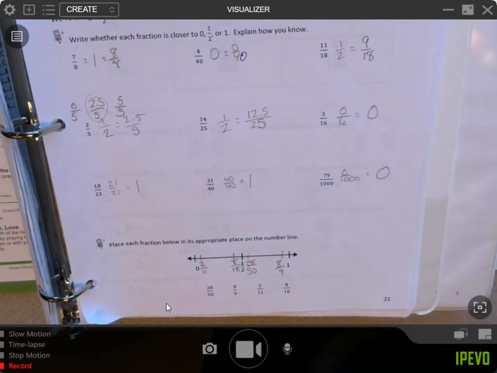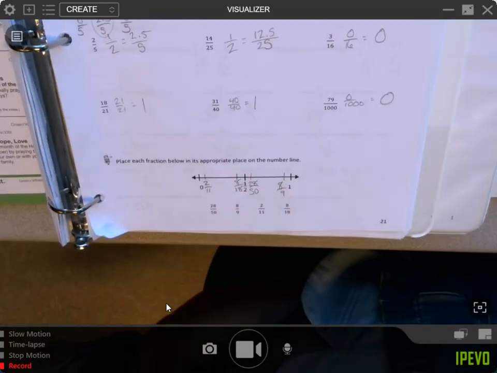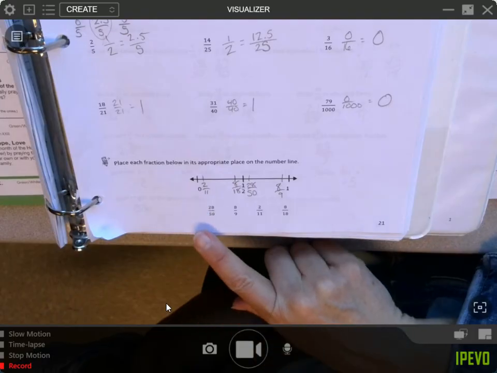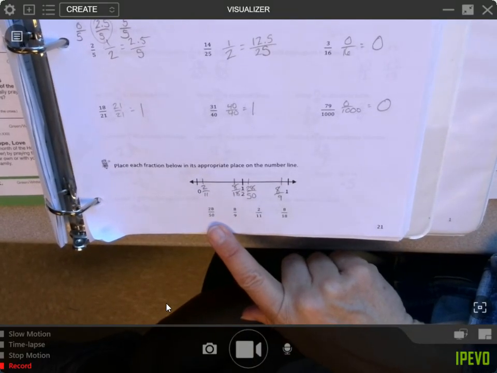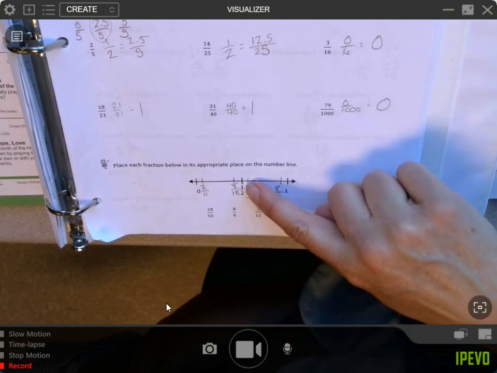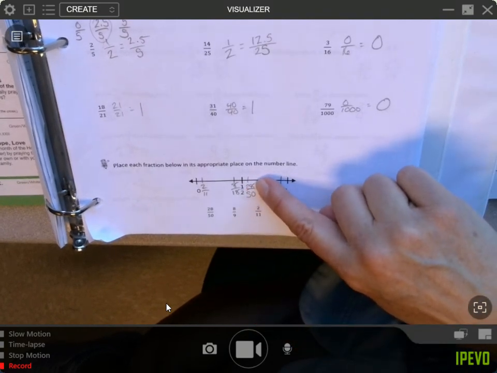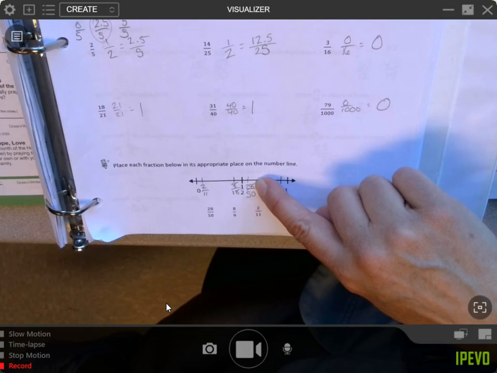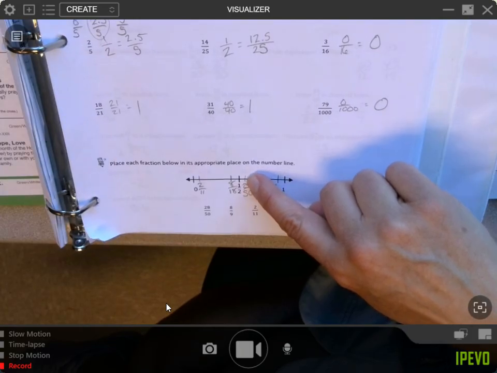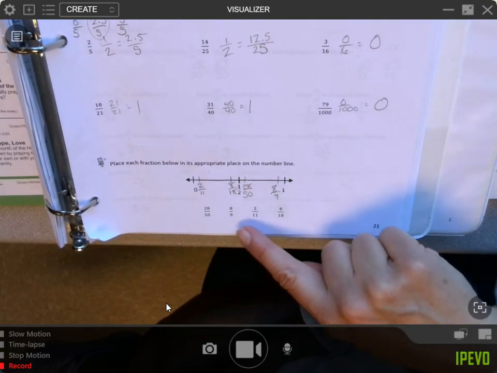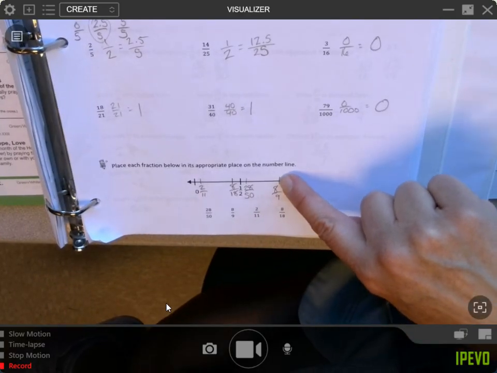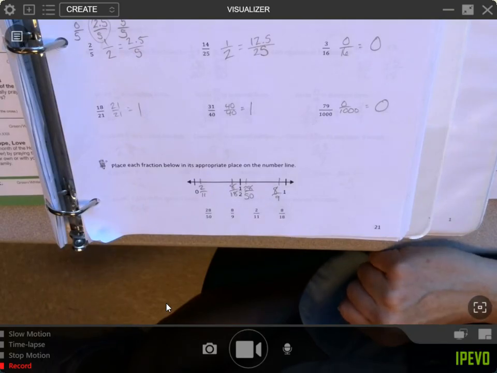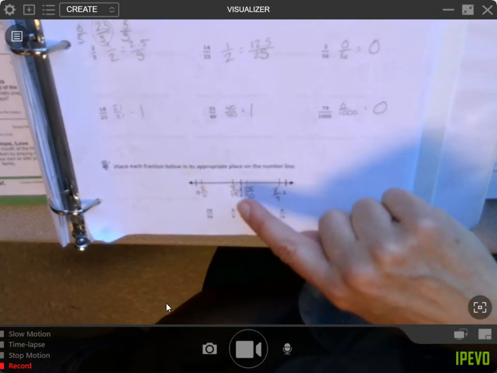All right, let's look at putting it on the number line. 28 over 50. This one we did together. It's a little bit over that half of 25. So we're going to put it just a little bit over the halfway mark. 8/9 is just shy of being 1 whole, so it's going to be just to the left of the 1. 2/11 is close to the 0.